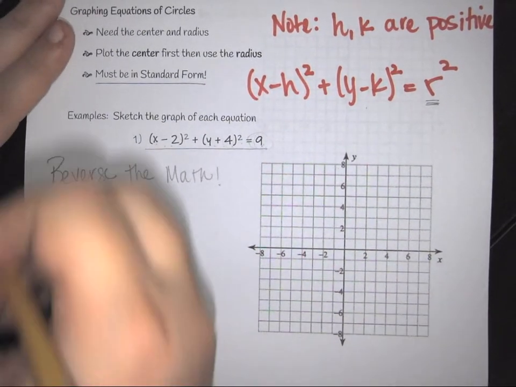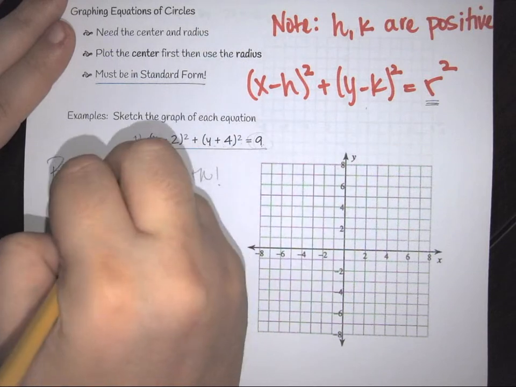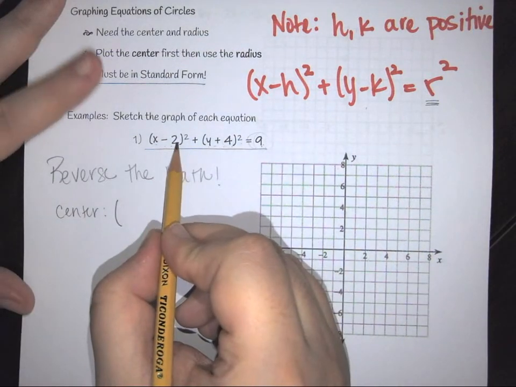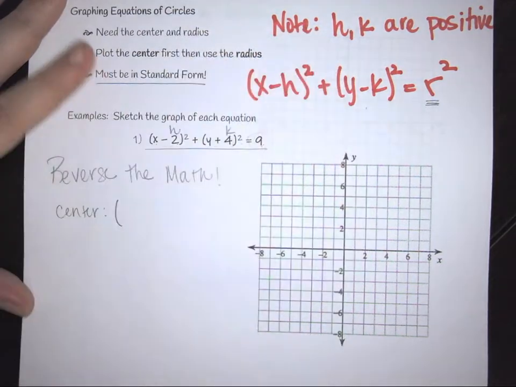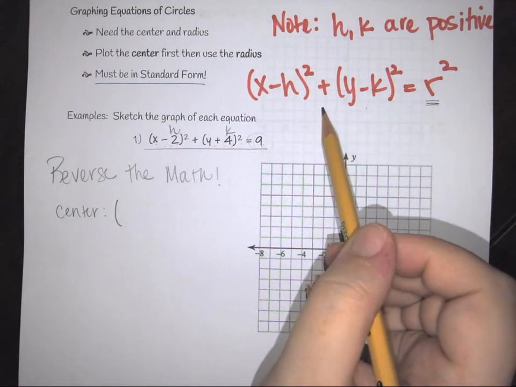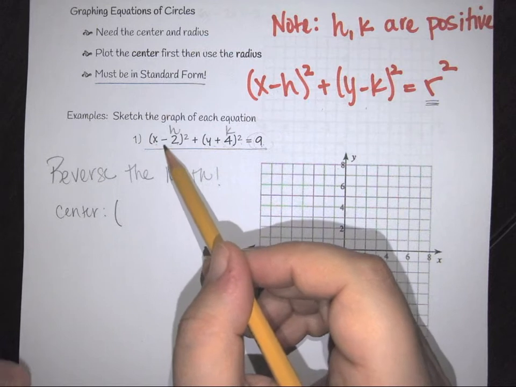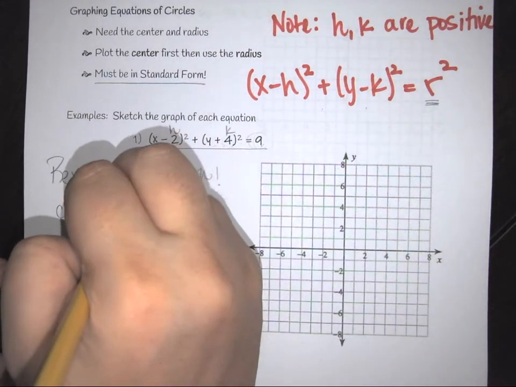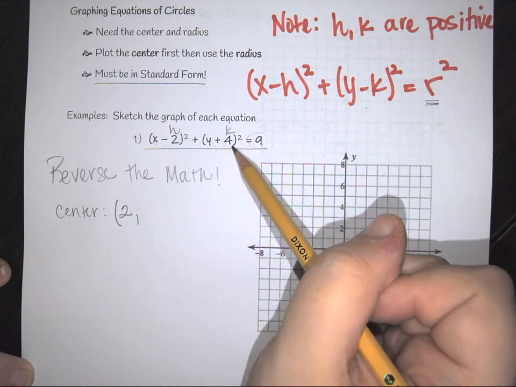So reversing the math says, first we identify the center. Remember, it is h and k. From your note, you can remember that as long as your sign is subtraction, then your term is positive. So here I have x minus 2, which means my h is 2. On the other one I have y plus 4.